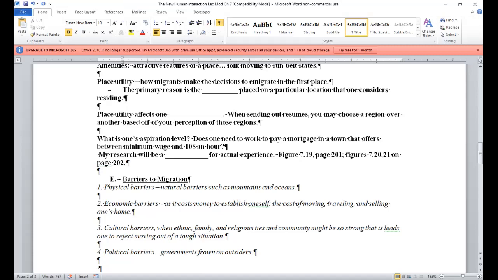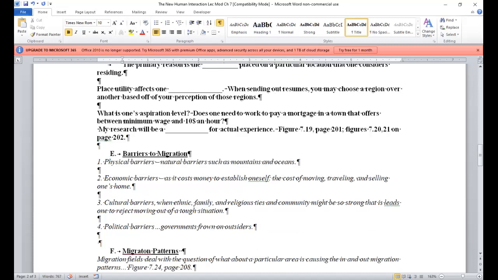So the process by which locational alternatives are evaluated is called spatial search, and decisions are based on the balance between informational availability and place utility. Getting back to that, assessments of the decision maker.